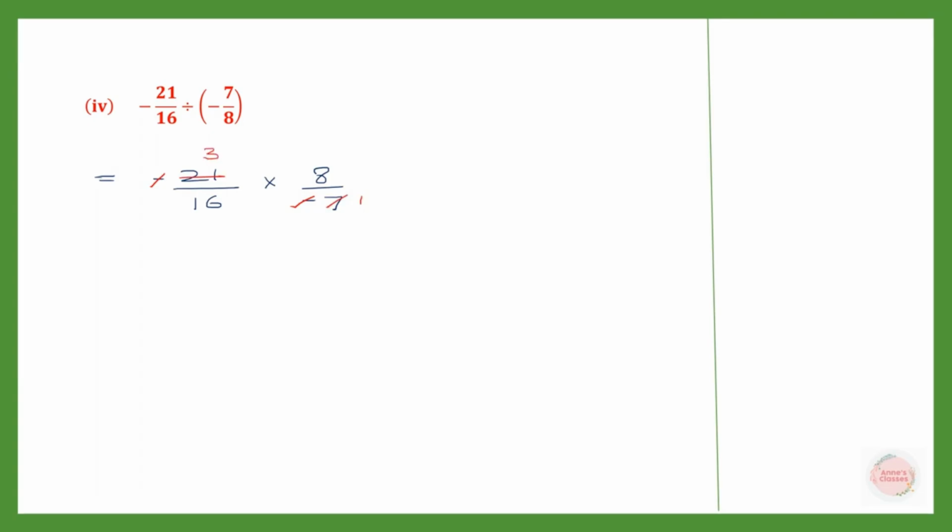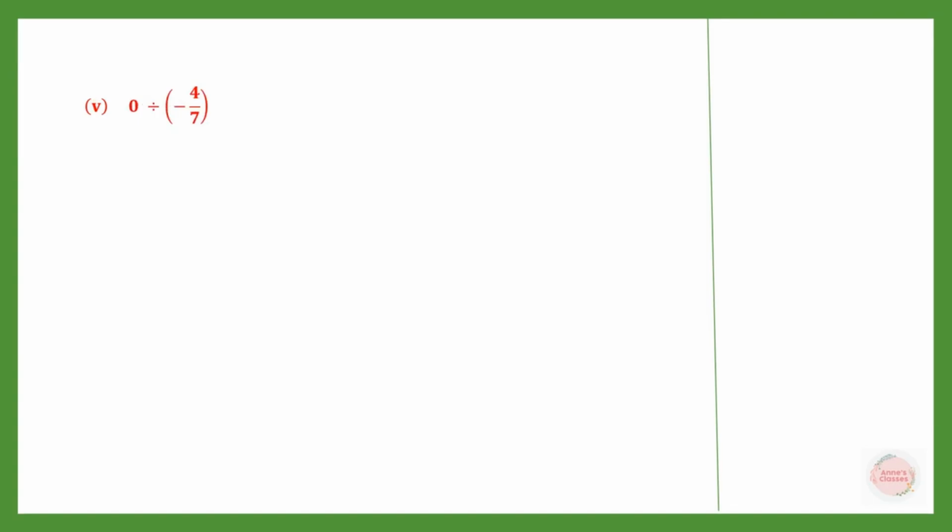We can also cancel 8 and 16. 8 ones are 8, 8 2s are 16. Now multiply the numerators and the denominators. 3 ones are 3 and 2 ones are 2. 3 by 2, which we can convert to a mixed number. 2 ones are 2 and what is remaining? 1 more. 2 ones are 2 plus 1, 3 by 2. So what's our answer? 1 1 by 2 is the final answer here.